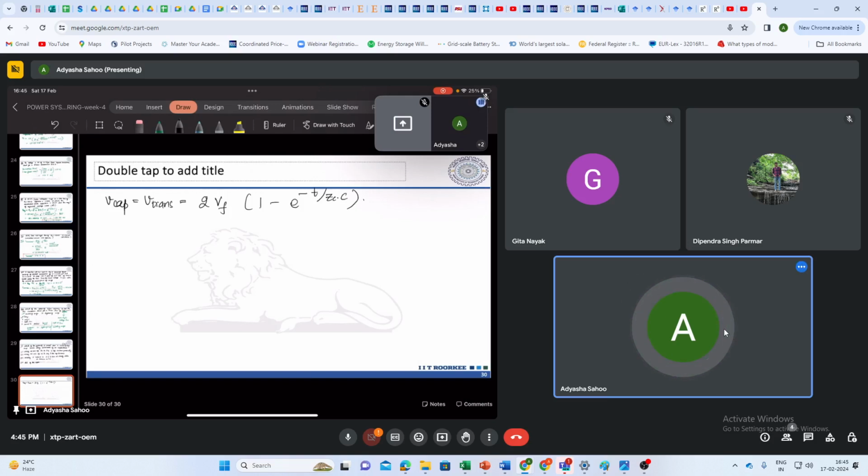So similarly at t equal to 0, the expression for V capacitor, if I put t equal to 0, this will be 1. So 1 minus 1, it will be 0. At t equal to infinity, the V capacitor will be 2 times of Vf, and we know the capacitor behavior.